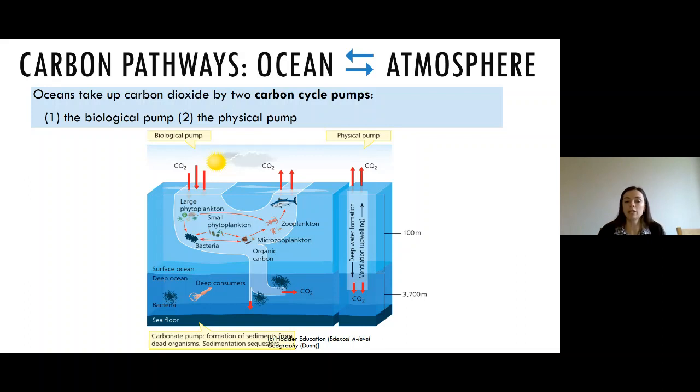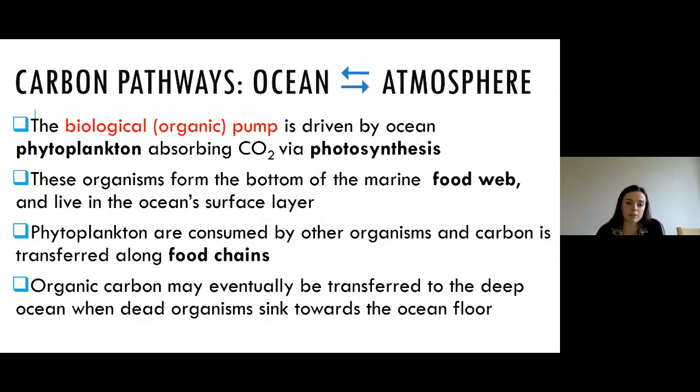Now we're going to look at the biological pump. So this is a second pathway from ocean to atmosphere and back. The biological organic pump is driven by ocean phytoplankton absorbing carbon dioxide via photosynthesis. These organisms form the bottom of the marine food web and live in the ocean surface layer.